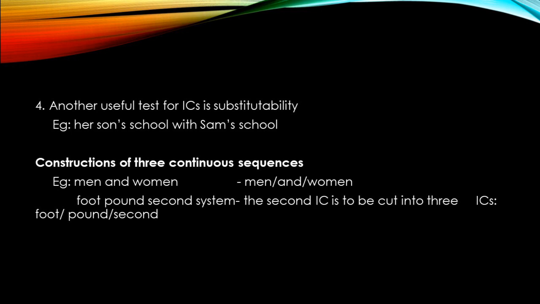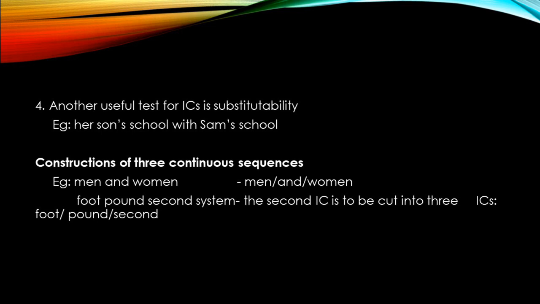They should enter into several constructions otherwise identical. That is, one should be substitutable for the other. So this is what I meant when I said that her son's book is lost. It is an entirely new construction, and there you are replacing her son's with Sam's, and it equally makes sense. So that is a very useful test for determining the IC cut.